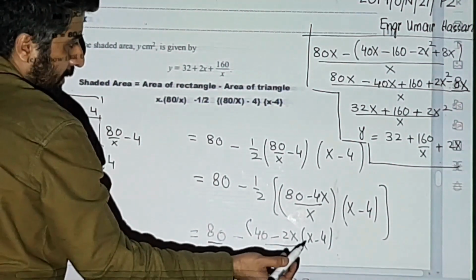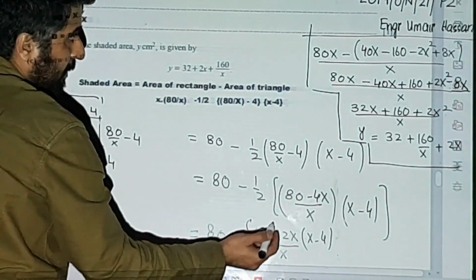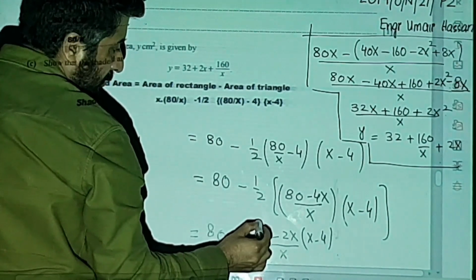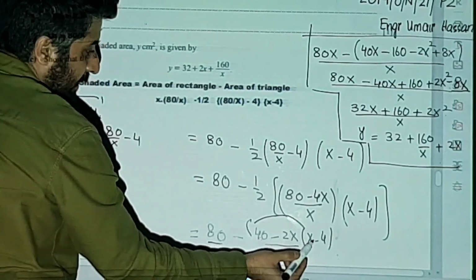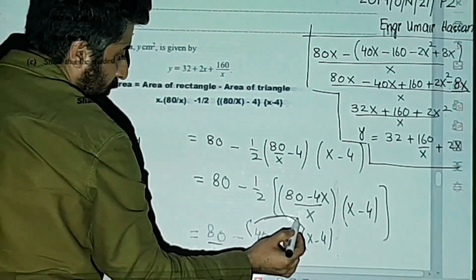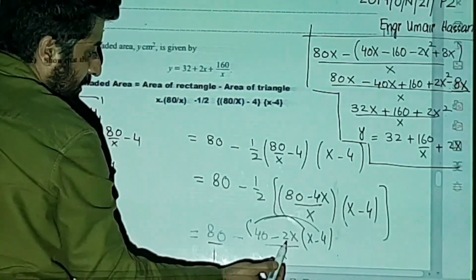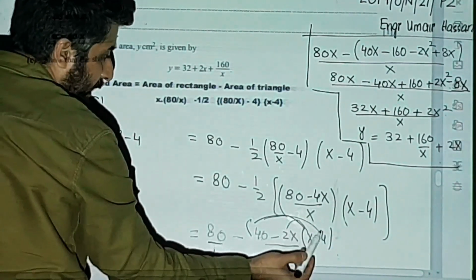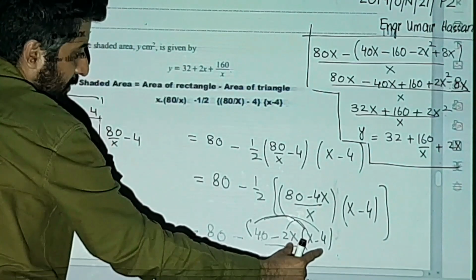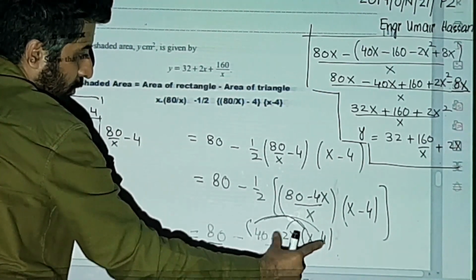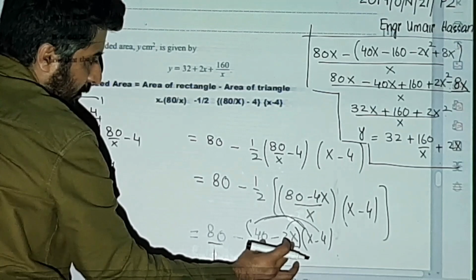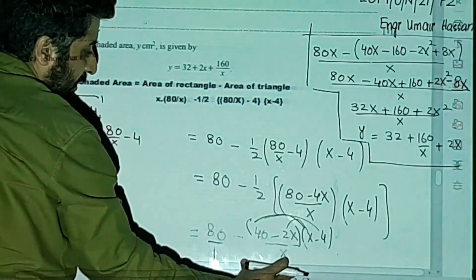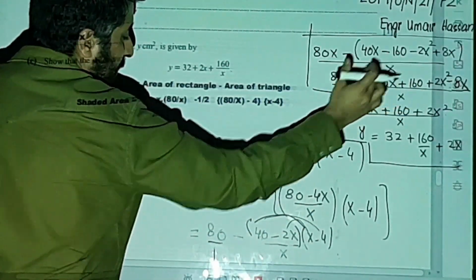When you take LCM x over here, it will become 40x minus, okay, we are multiplying it. 40 into x is 40x, 40 into 4 is 160, 2x into x is 2x square, and 2x into 4 is 8x. We have multiplied these two terms, 40 minus 2x and x minus 4, with each other to get this one, divided by x, which was LCM.